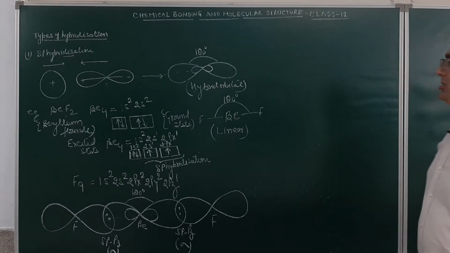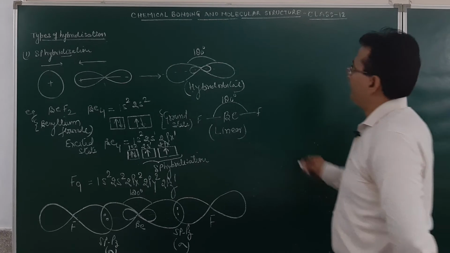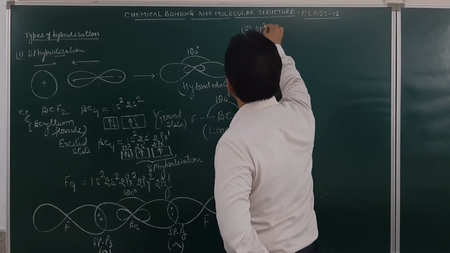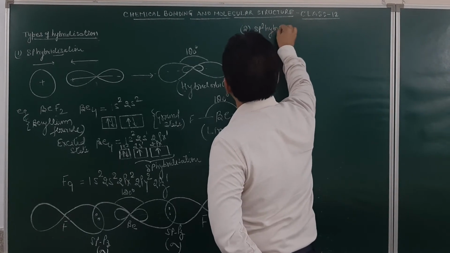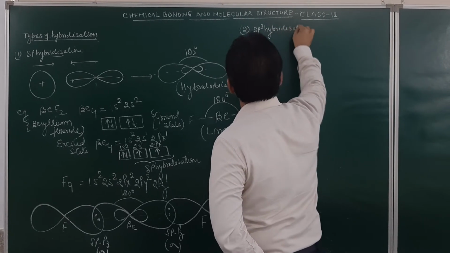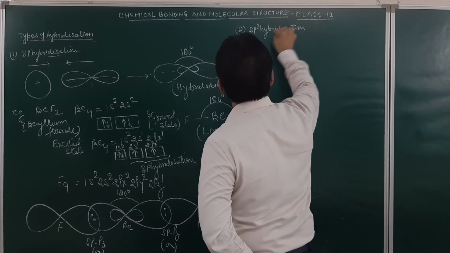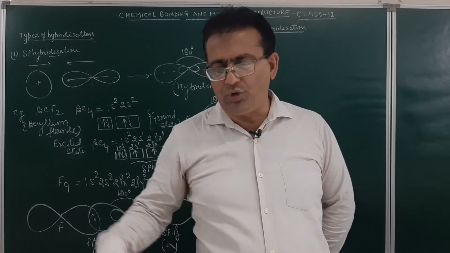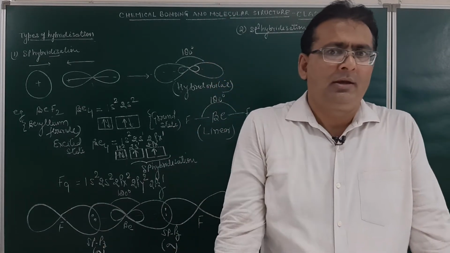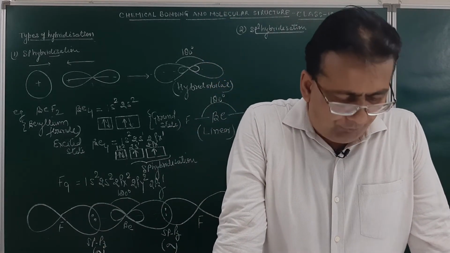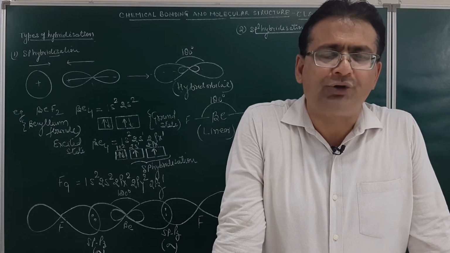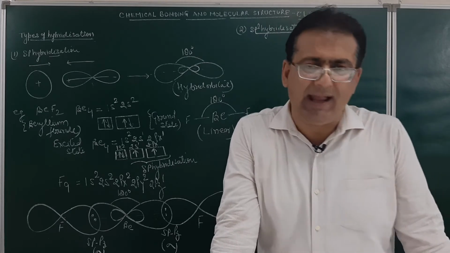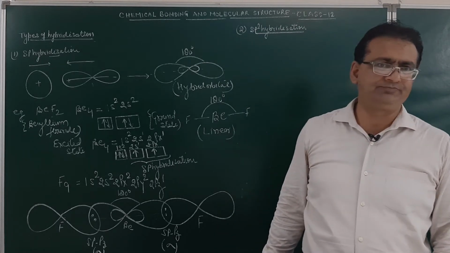Now, the next will be sp2 hybridization. Students, sp2 hybridization occurs when one half-filled s and two p atomic orbitals mix together to form 3 sp2 hybrid orbitals.